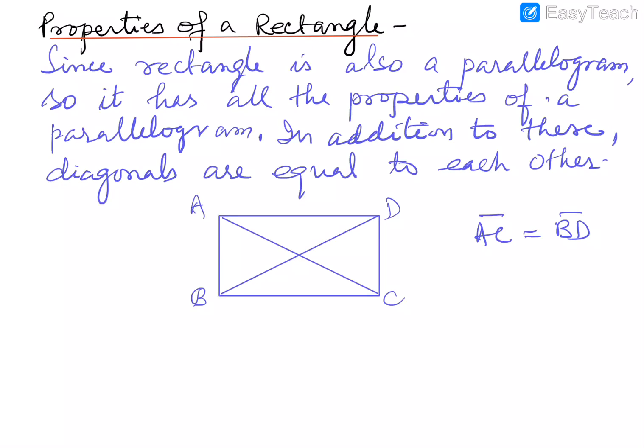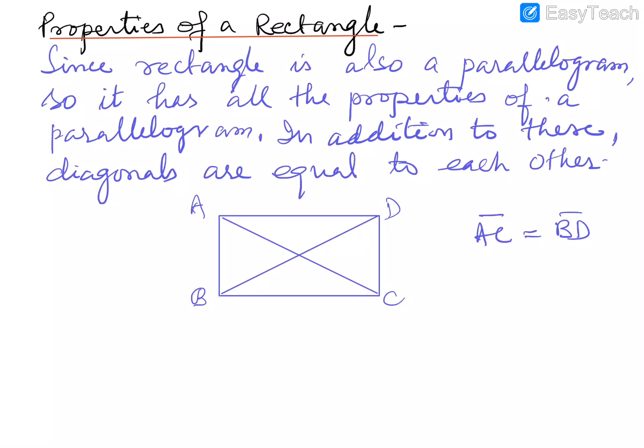Now properties of rectangle. Since a rectangle is also a parallelogram, it will have all the properties of a parallelogram, and in addition to these properties, in a rectangle diagonals are equal to each other.